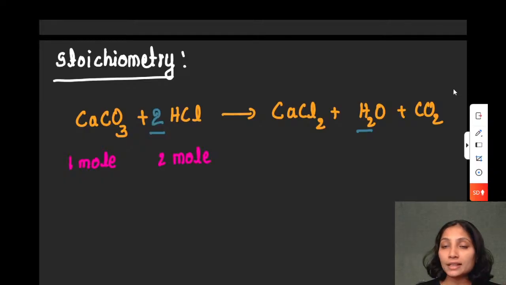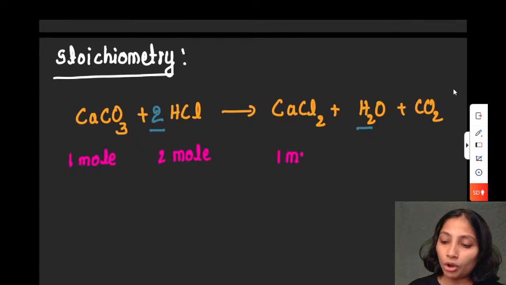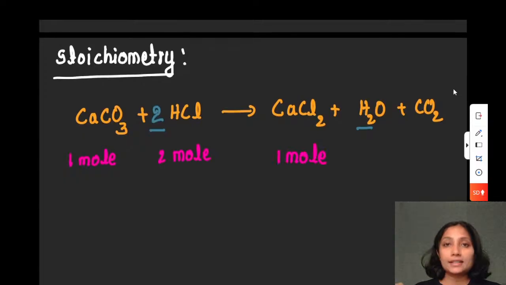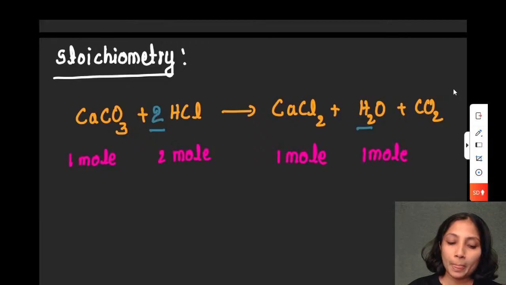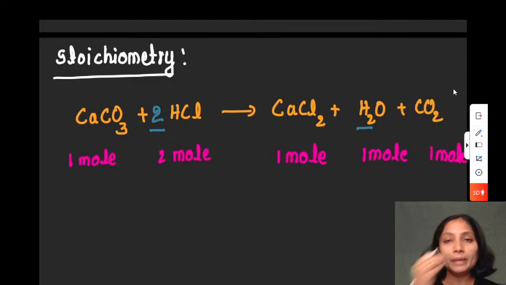If you don't balance the reaction, then you will get wrong answers. 1 mole of CaCO3 reacts with 2 moles of HCl to form 1 mole of CaCl2, calcium chloride, plus 1 mole of water, and 1 mole of carbon dioxide will be liberated. So this is the actual stoichiometry in terms of moles.